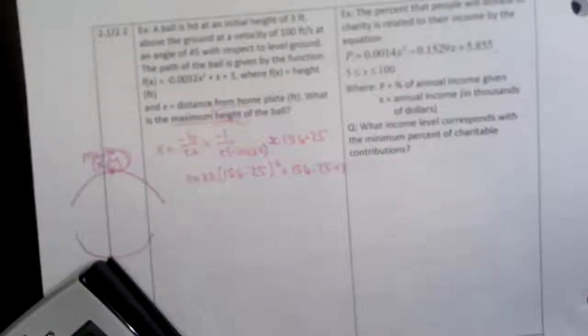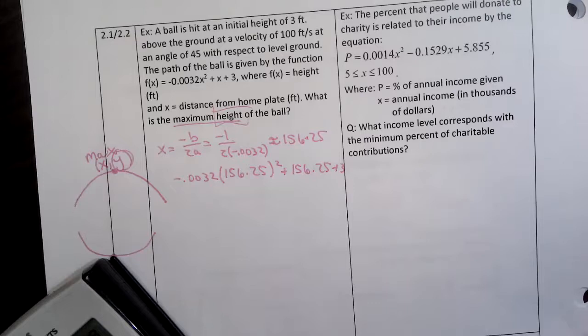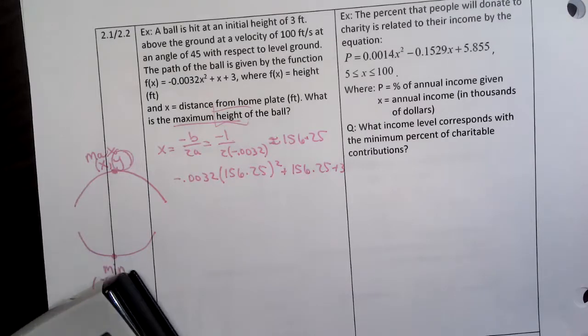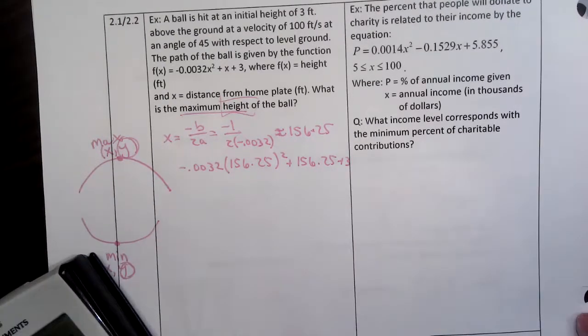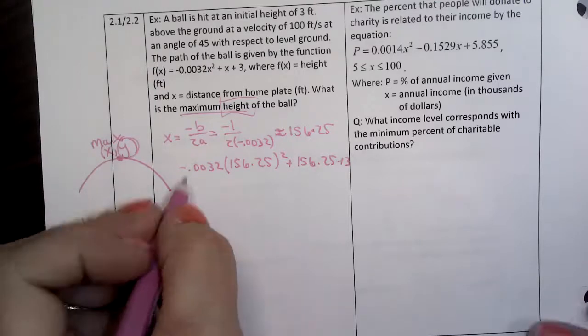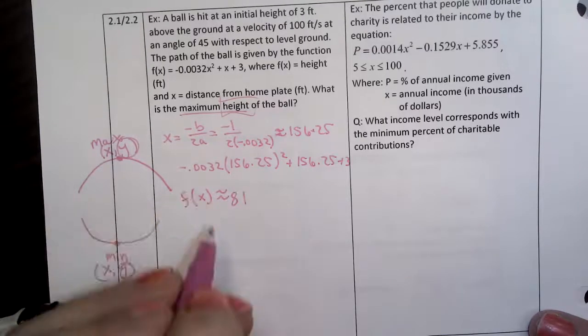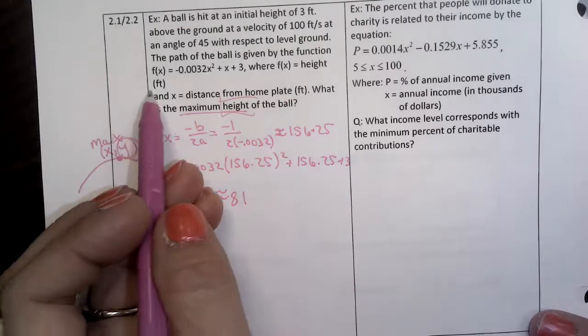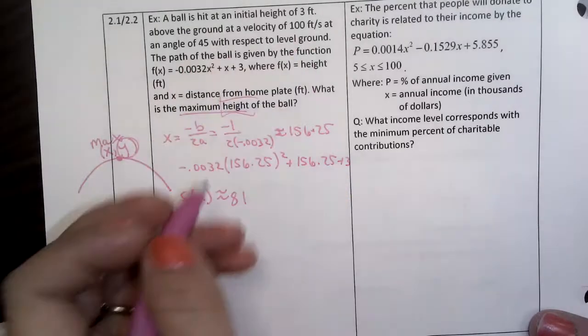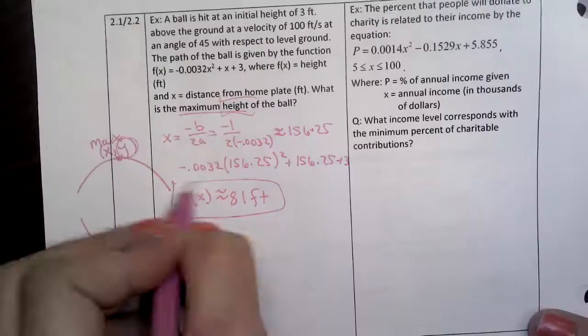And now I'm just plugging it in. 156.25 squared times negative 0.0032 plus 156.25 plus 3 equals 81. So f of x is approximately 81 feet high.